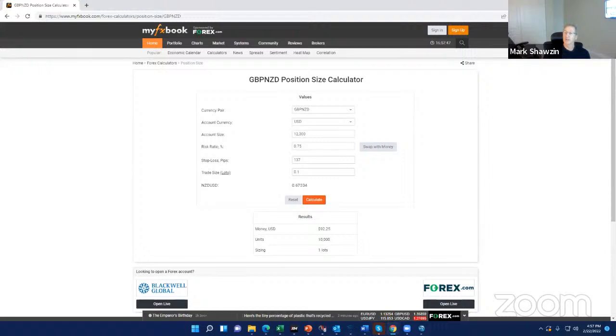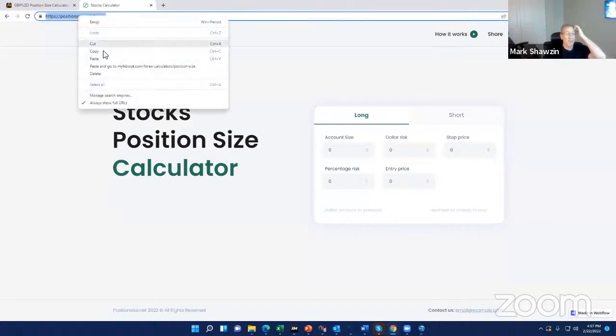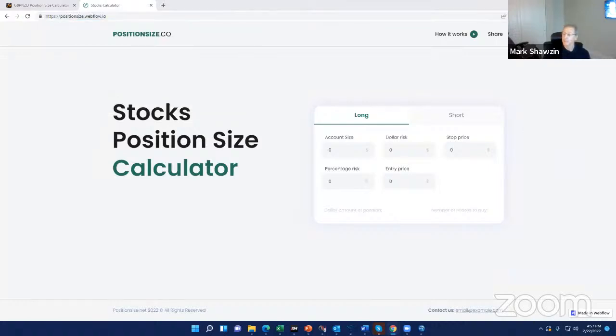Now we've also developed a stocks calculator. Our team developed this. Here is the website for the stocks calculator. And again, you put your account size, whatever it is. You want to risk 2%, $140.